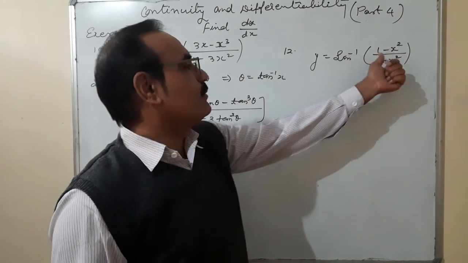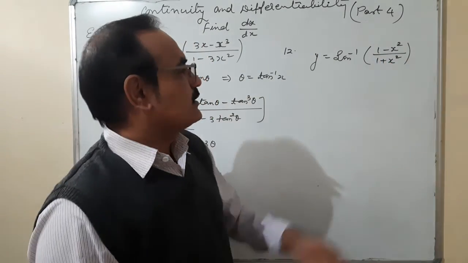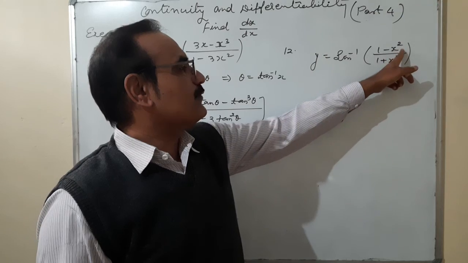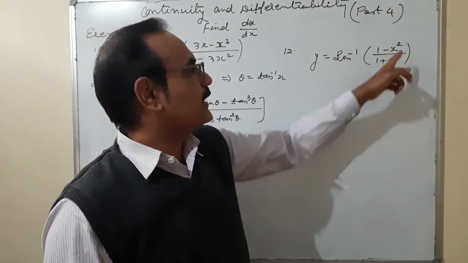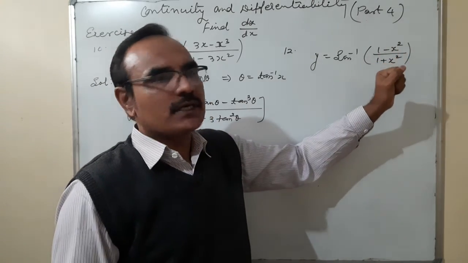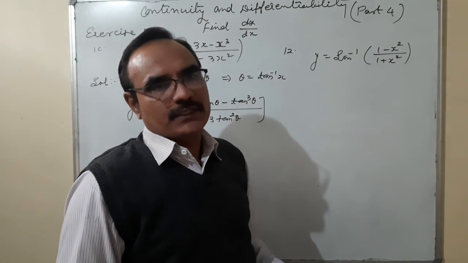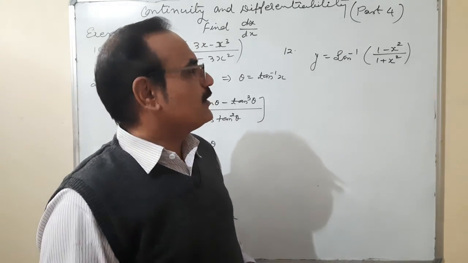What should be done here? In place of x, what should I put here? If I put tan theta, then 1 minus tan square theta upon 1 plus tan square theta. Is there any formula? No formula.